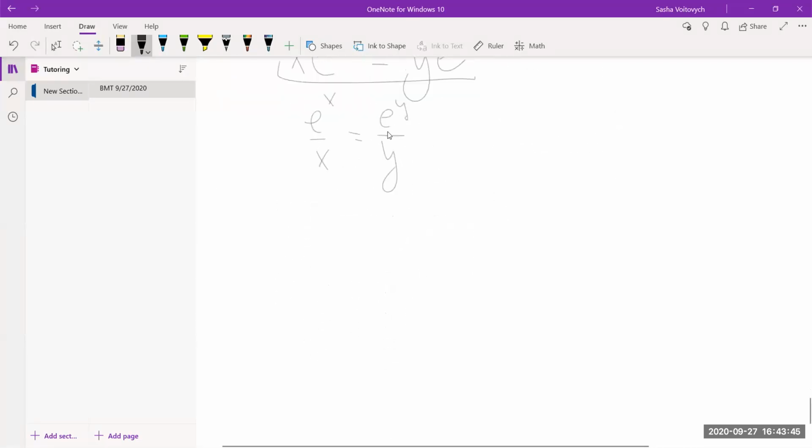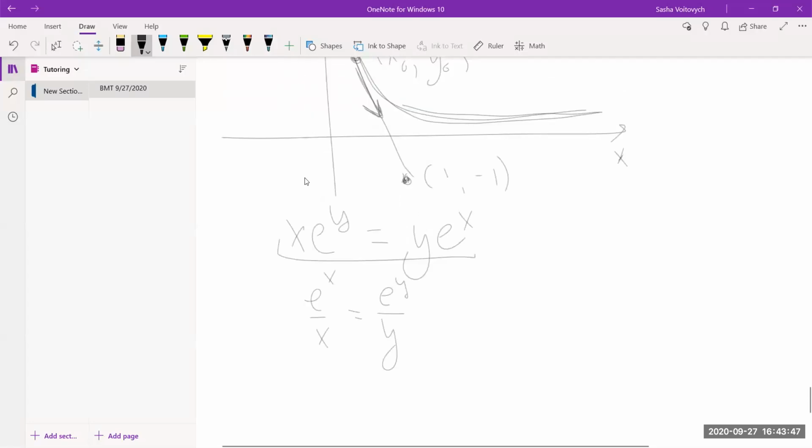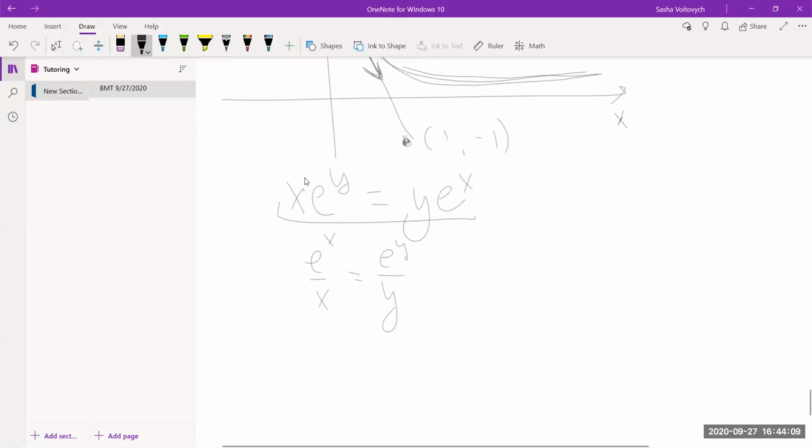This cannot be done explicitly, because in this equation you cannot express y as f of x for f being a composition of addition, subtraction, division, multiplication, and power. It is not a nice function, so we have to differentiate implicitly.